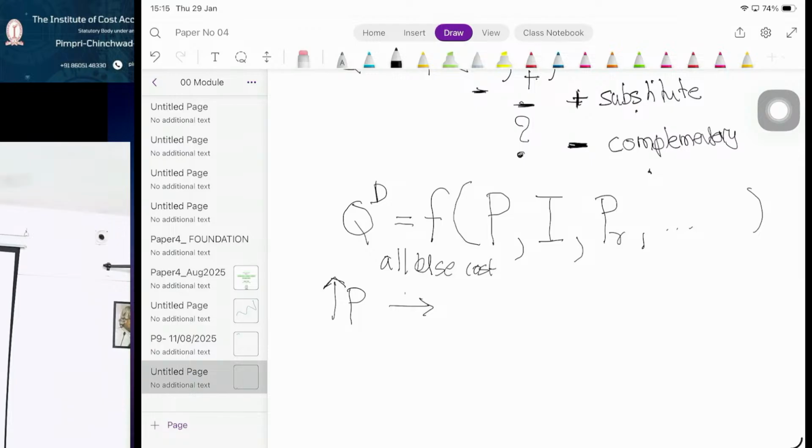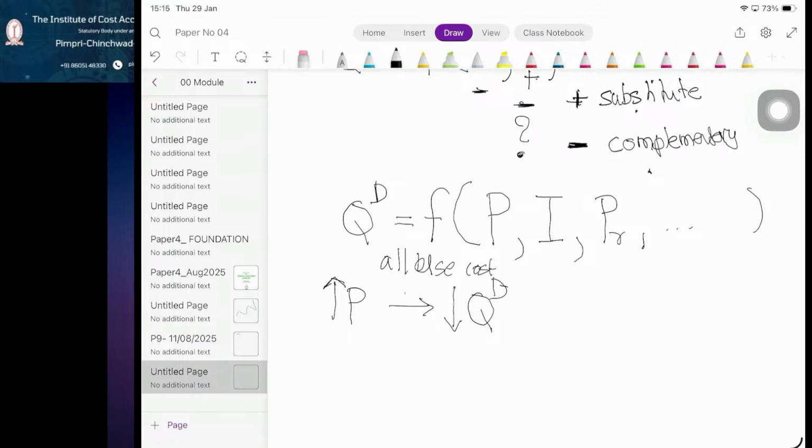Okay, so we have seen that when price increases, quantity demanded will decrease. Okay, and this we have said is called contraction of demand. All of you fine with this?